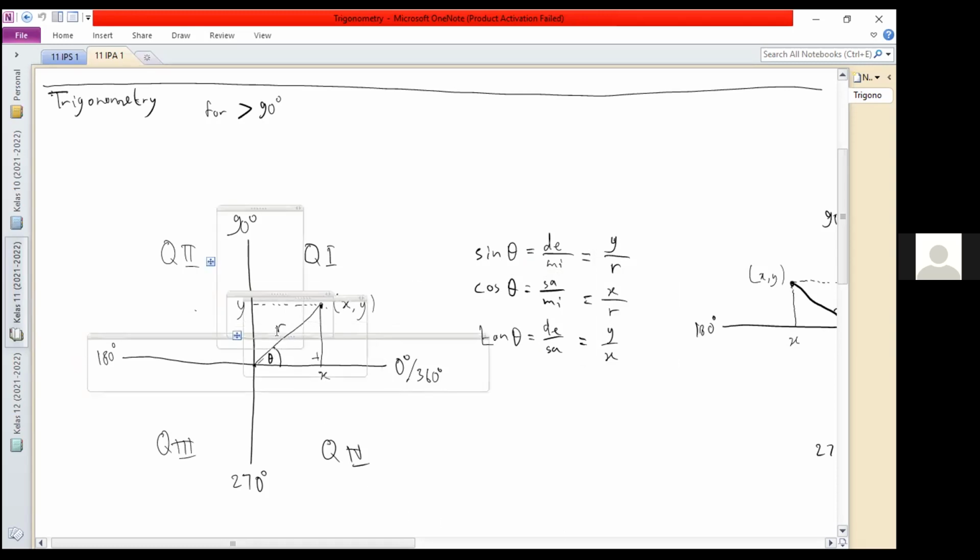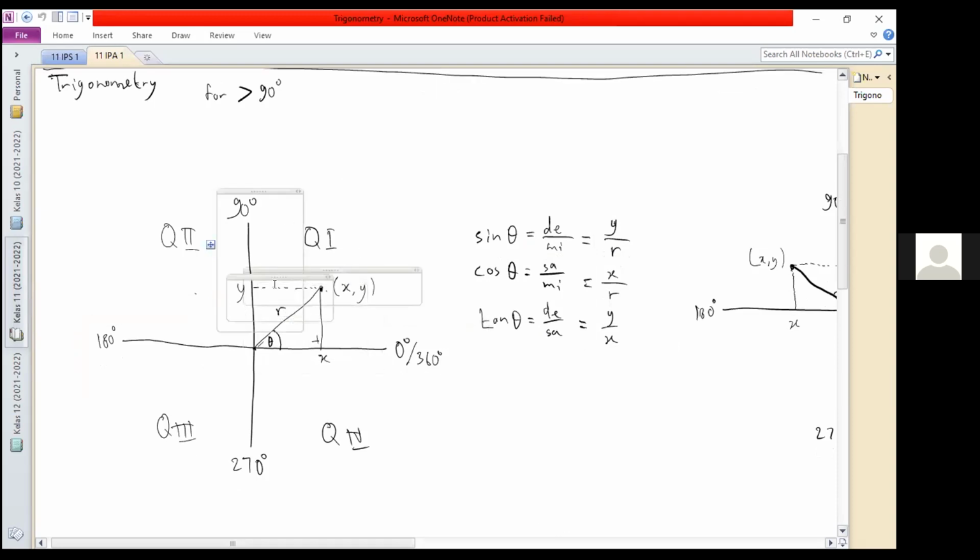In some books you can find that r is always defined to be 1, so that the definitions become sine theta equals y, cosine theta equals x, and tangent is still y over x.